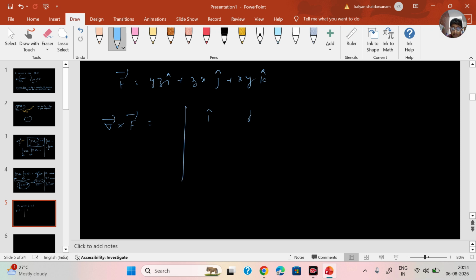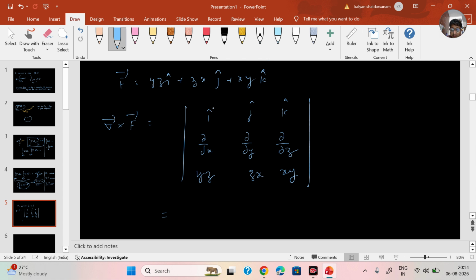On the top you have i, j, k, then you have del components dou by dou x, dou by dou y, and dou by dou z, and then you have force components yz, zx, and xy. I am writing it as a determinant, but we have to be careful. There are operators here, dou by dou x, dou by dou y. In a normal determinant, you can expand it by any row, but here you have to expand by the top row.